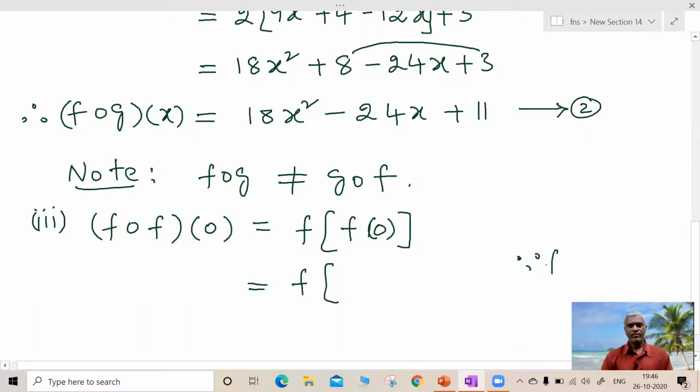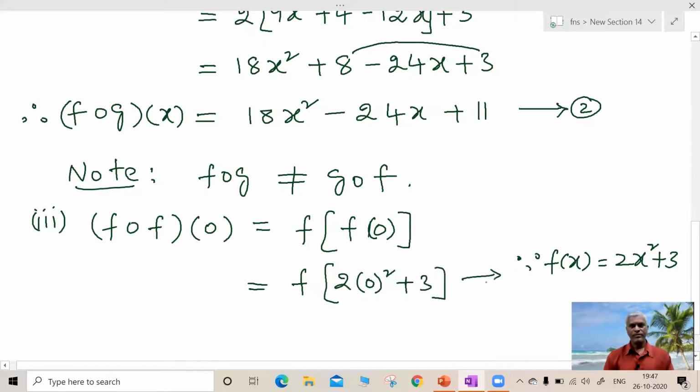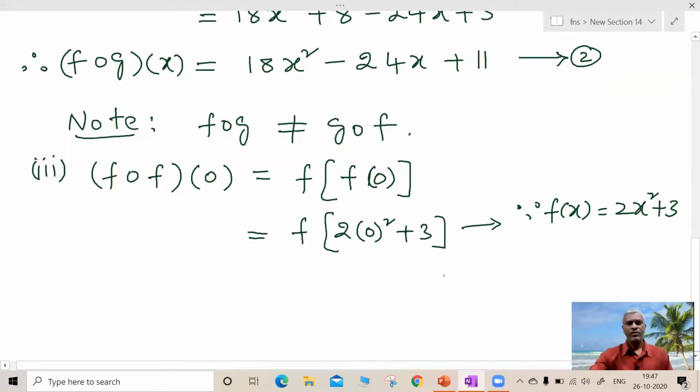Since f(x) is equal to 2x² + 3, for f(0) we substitute 0 in place of x, that is 2(0)² + 3. 2 into 0 is 0.